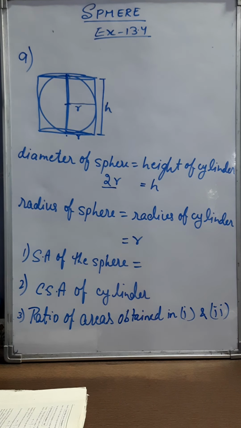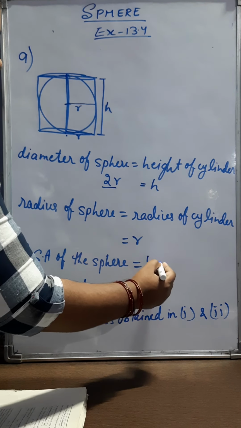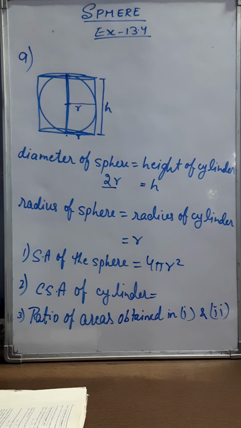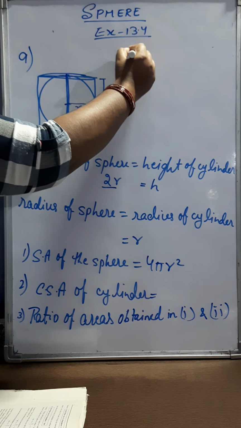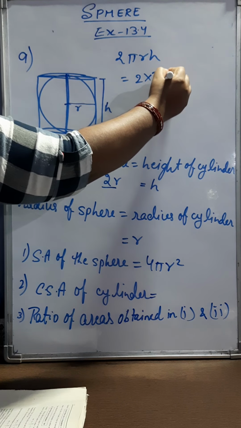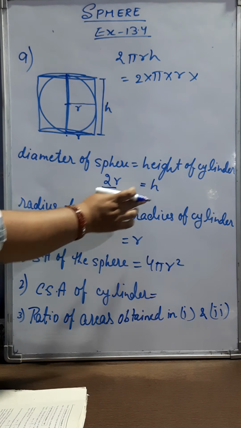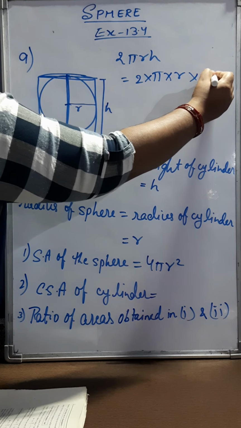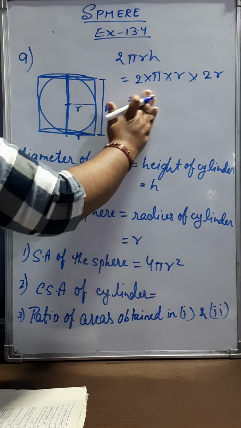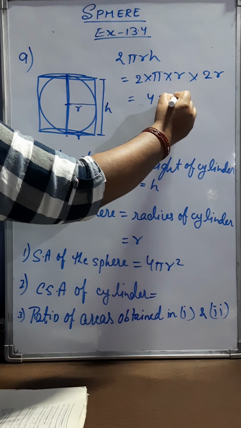So first, we have to calculate the surface area of the sphere. Surface area of the sphere is easily 4 pi r square. Curved surface area of the cylinder is 2 pi r h. So 2 pi as it is, r, and in place of h, we can write 2r. So it is 2 into 2, which will be 4 pi r square.